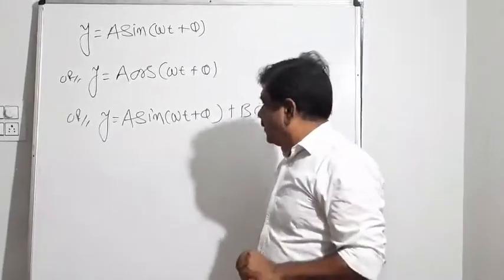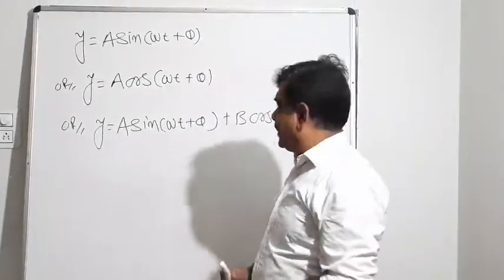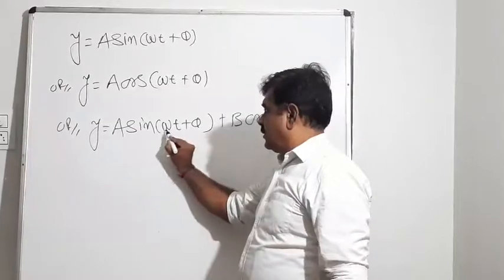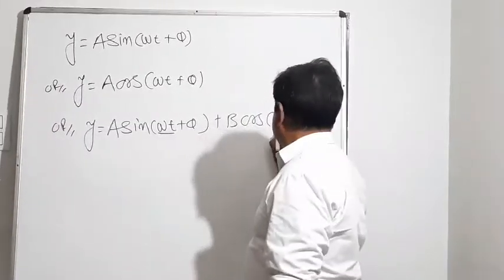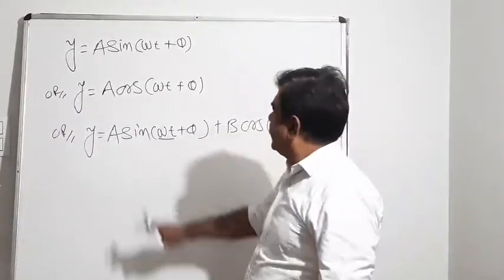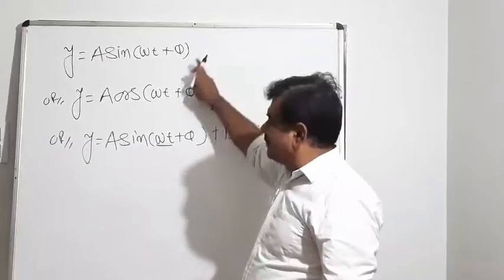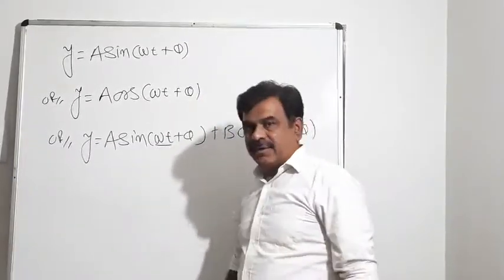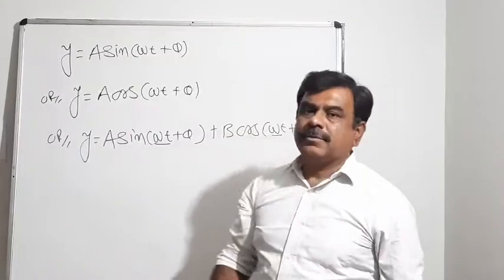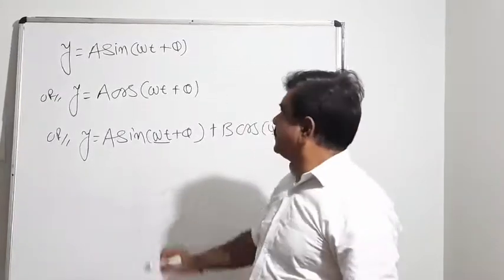Yes, one more thing. Whenever we are having linear combination, this part should be same. This one represents SHM, and this one also represents SHM. First of all, let's analyze these equations.